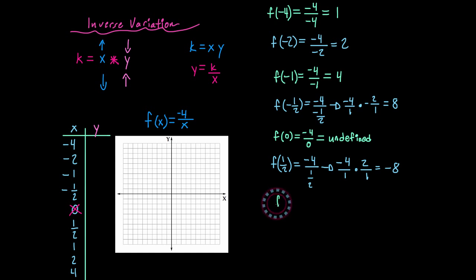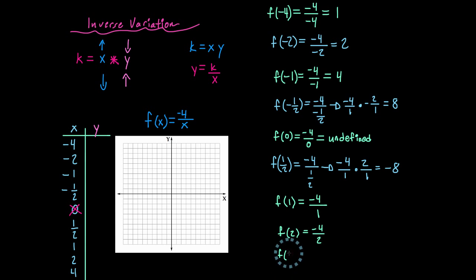So now we have f of 1 is equal to negative 4 over 1, and I'm just going to write the other few out now. F of 2 is equal to negative 4 over 2, and then I'm going to fix that f real quick.